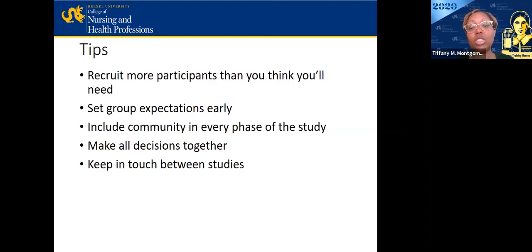You want the relationship to be mutually beneficial. You want the community to trust that you're not just there to take from them. You want the community to see you as a member of their community, actually. And so you want to do a good job of relationship building and maintaining contact with people, even when the research activities aren't occurring.